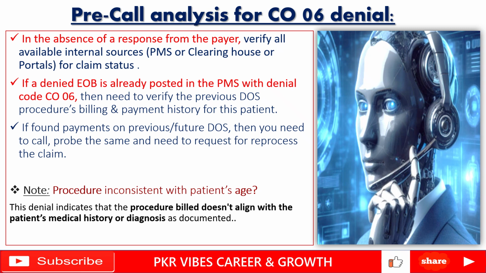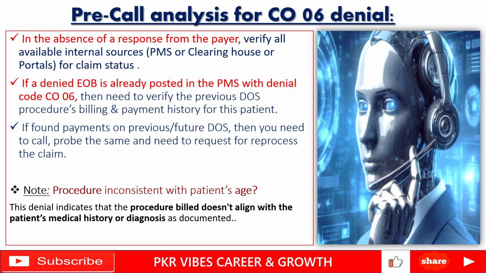Whatever clearinghouse we use to submit electronic claims, we should check whether we got any response regarding that particular claim. And if you have access to the respective payer portal, you have to verify the portal for the claim status. And if you don't find it, then we call the insurance for the claim status.